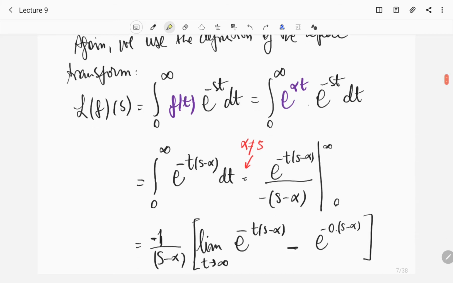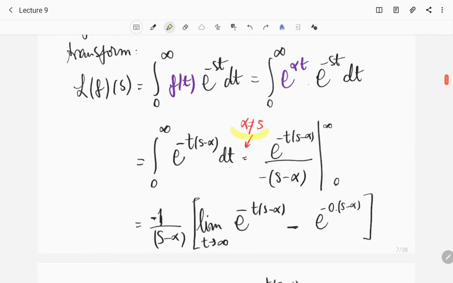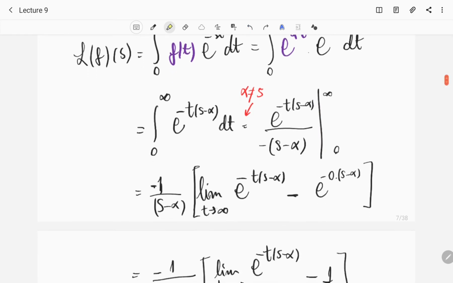And in the case that alpha is not equal to s, we have this antiderivative. And again, this notation means you compute the limit at infinity and then you evaluate at 0. Okay, and that's what we have here. This number here, we put it in front because it's a common factor.